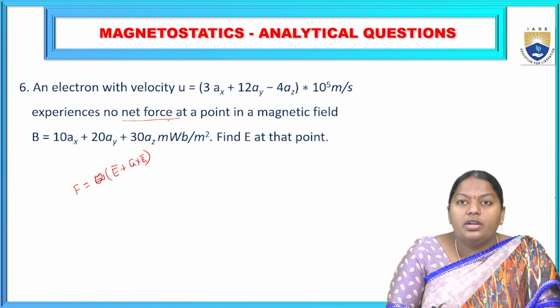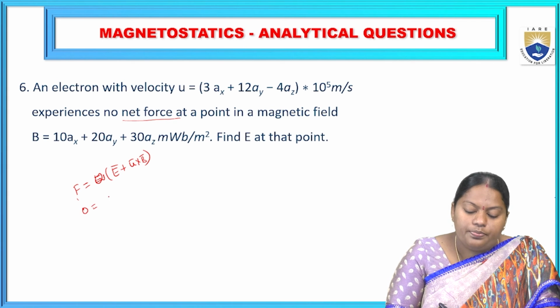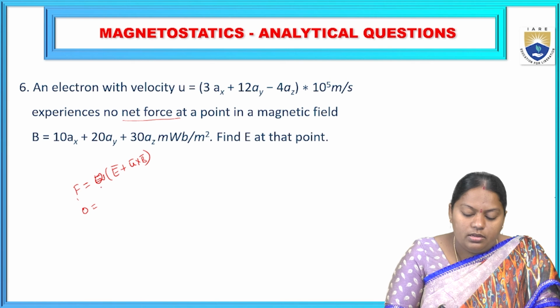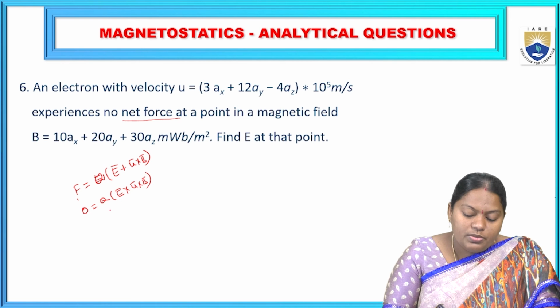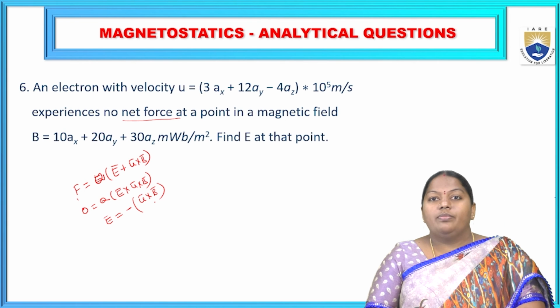From the given, no net force means F is equal to 0. Then Q is nonzero, so E bar plus u bar cross B bar equals 0, hence E bar can be written as minus of u bar cross B bar.